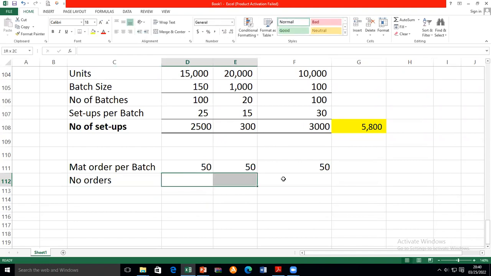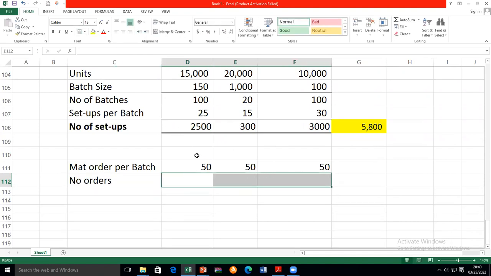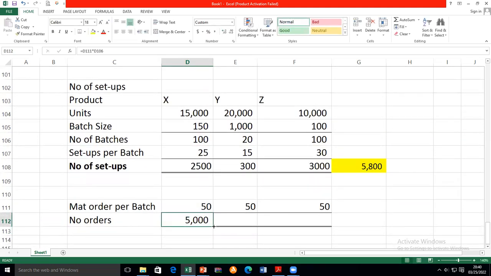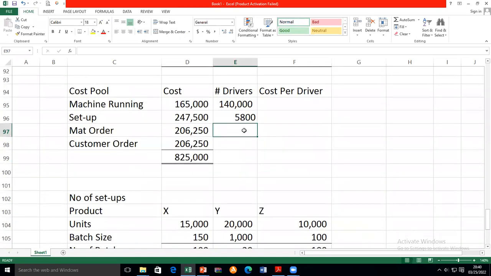So the number of orders, we multiply that by that. So this is the number of orders. We are multiplying orders per batch by the number of batches, which is here. So this is the number that we have. So come here, 11,000.